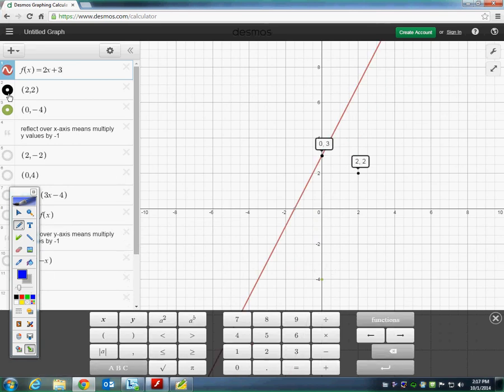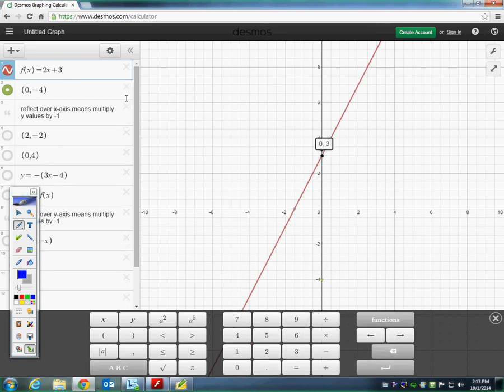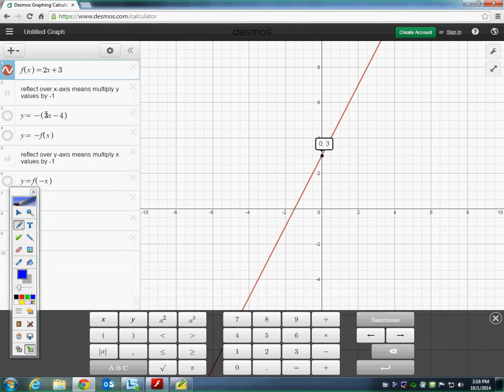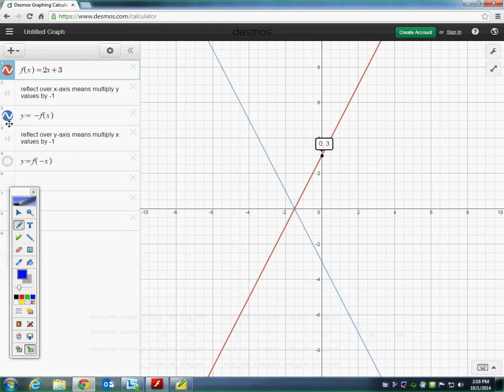Okay, and I'll get rid of some of these points that I made. So first of all, reflecting over the x-axis means multiply y by negative 1. Here is the way I defined it before, and you'll see this is what we got just a second ago. Okay, I'm going to get rid of that because I don't need to show it.